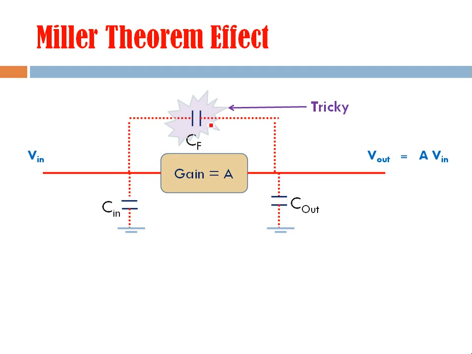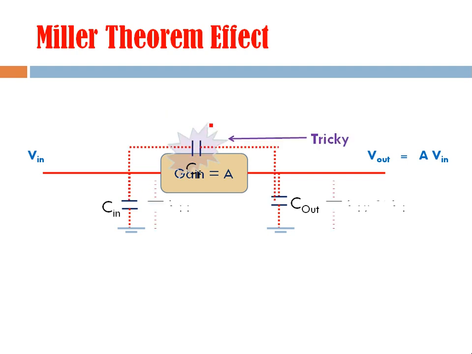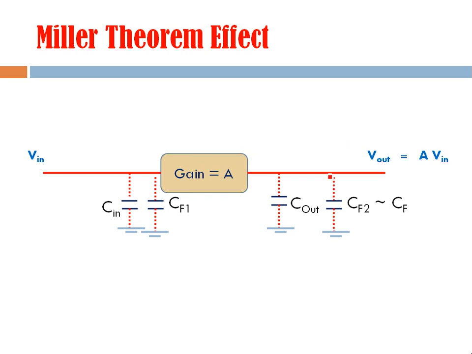That is, instead of this CF, we can look at this circuit as something like this. Now you see, this is CF feedback capacitance, one component is here, and CF feedback capacitance, its other component is appearing between input and ground.